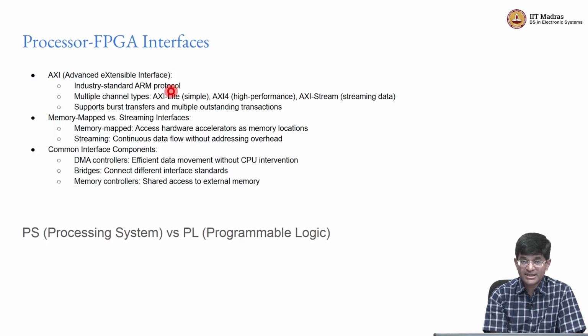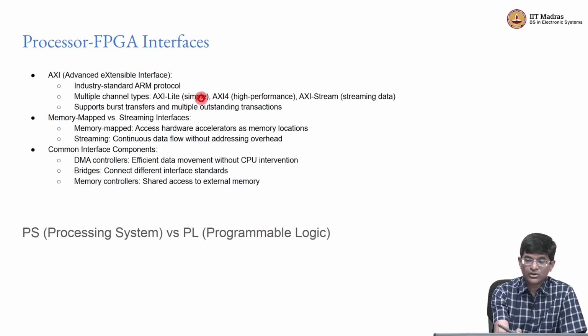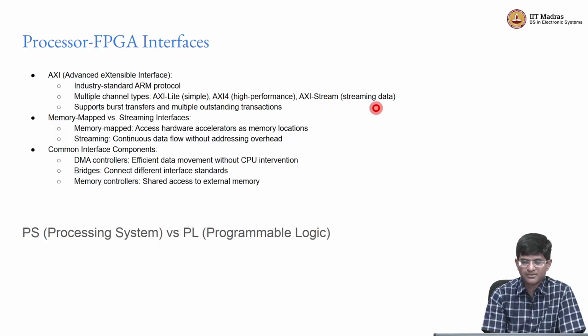The good thing about it is it's an open protocol, so anybody can design an AXI compatible peripheral, which also has very good capabilities, starting from very simple AXI Lite to high performance or even streaming data, and anybody can pretty much design their own peripherals as long as they are compatible with the AXI protocol. It means that you have the ability to tie them into these systems and have them communicate with the SoCs that exist.